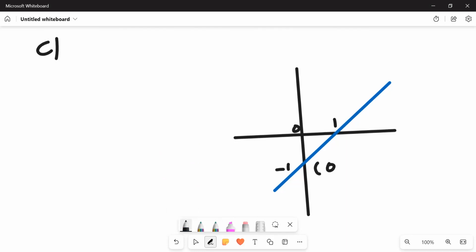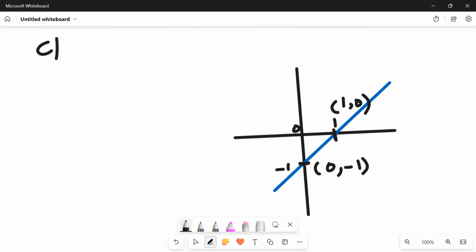So x is 0 and y is -1. Here x is 1 and y is 0. These are two points. How did I write the points? This is -1 for y and this is 1 for x-axis. This line cuts the y-axis at -1 and the x-axis at 1.